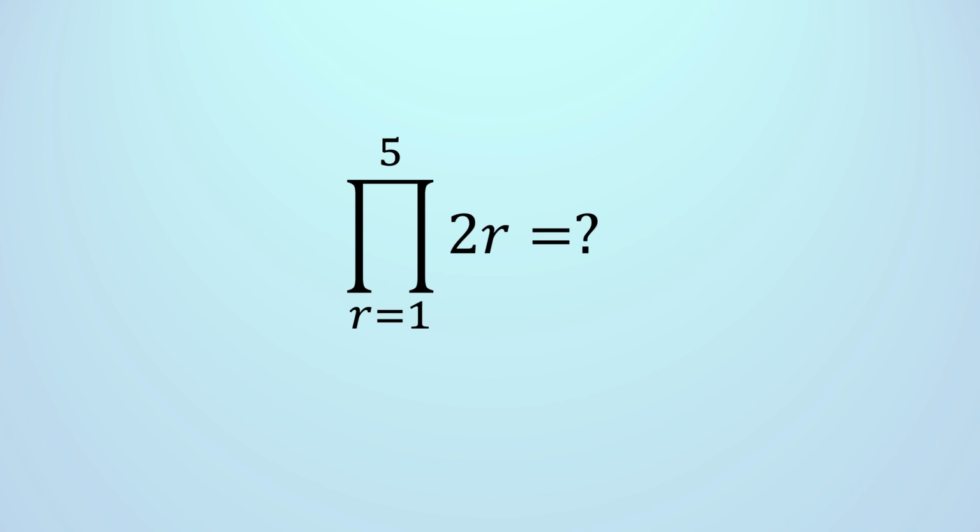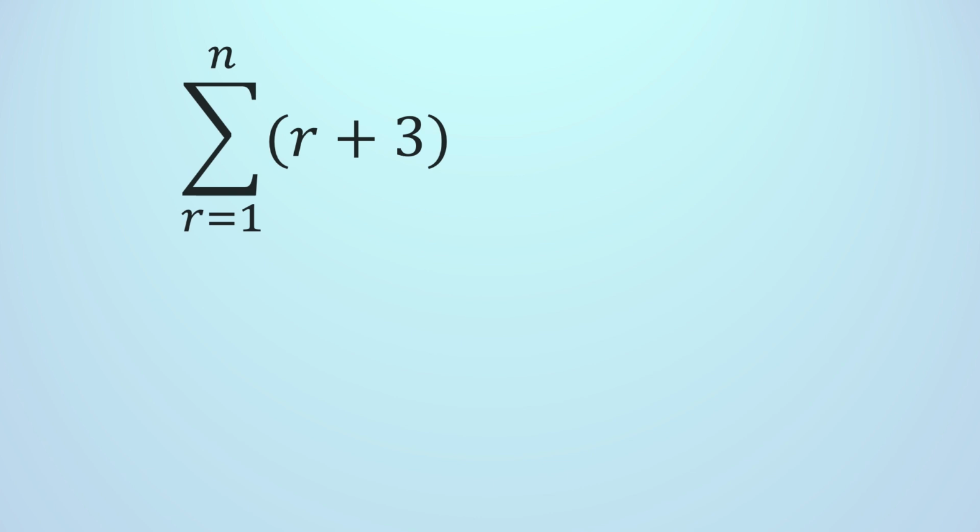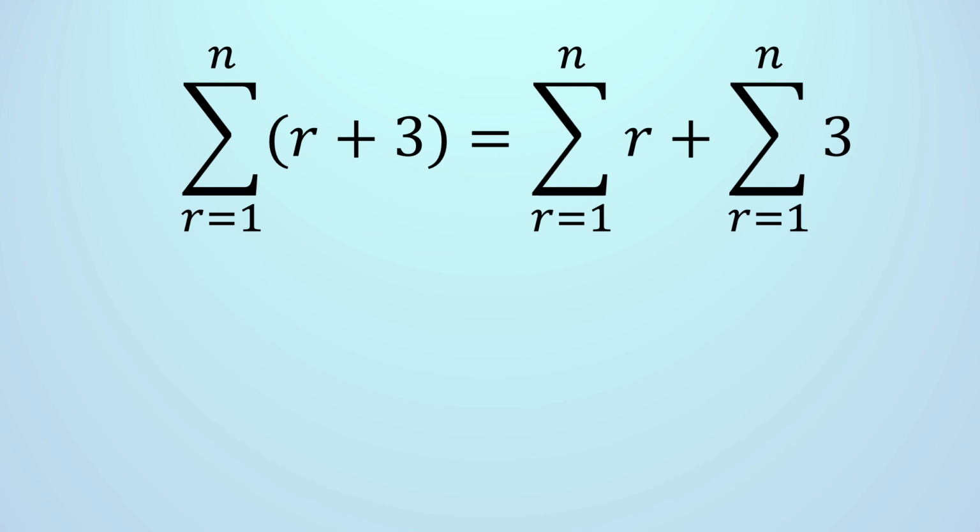To understand how we might approach this, let's take a trip back to sigma notation and remind ourselves that if we've got, for instance, an nth term like r plus 3, then that's actually very easy to work out the series for, because the sigma notation can be applied individually to the two terms that are separated by the plus in this case, but the same would be true if they're separated by a minus sign as well. This works and makes sense that it works because ultimately sigma notation is to do with adding, so of course it interacts nicely with other additions and subtractions.